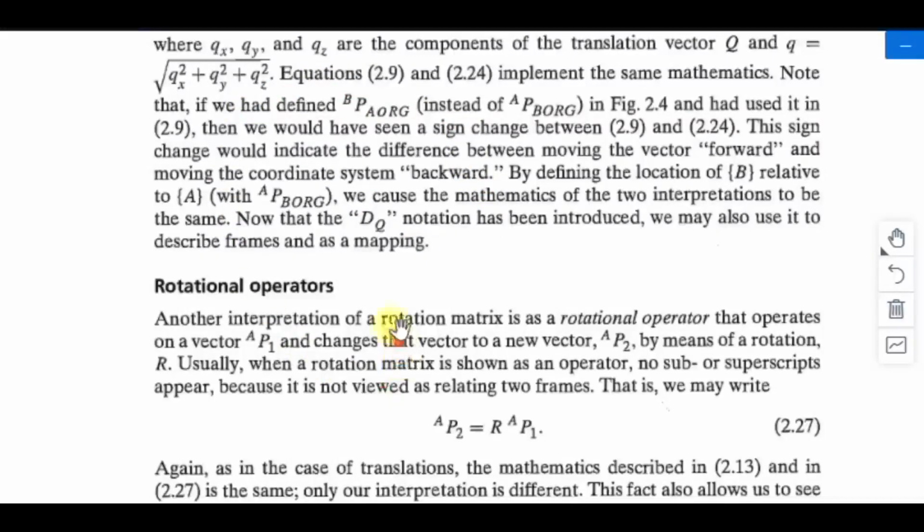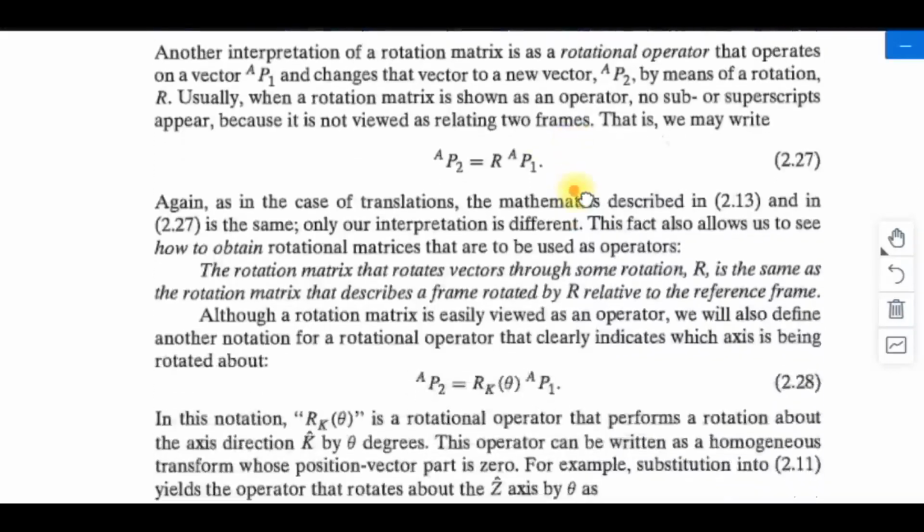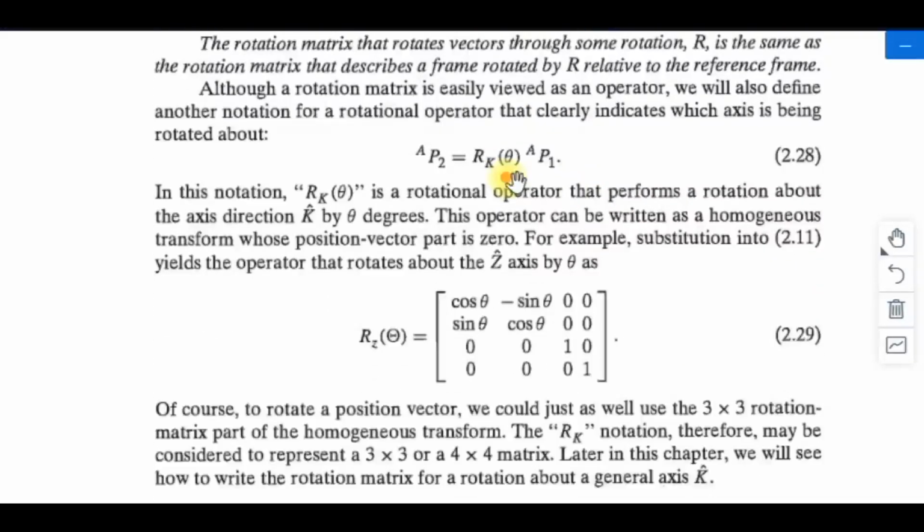Now another operation is the rotational operator, which is also over. The rotational operator you already know: rotate about the z axis. This is the rotation value, and this is for x, this is for y, and this is for z.